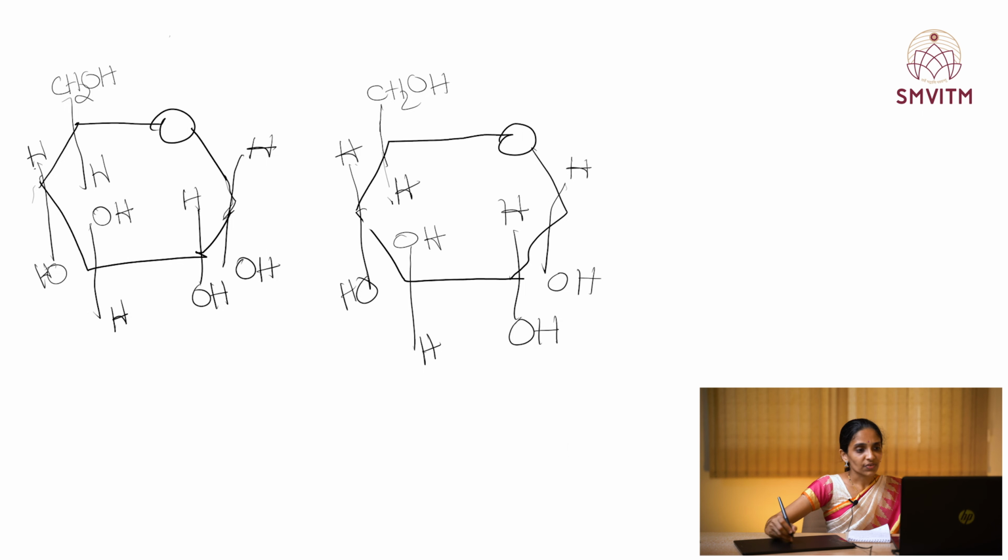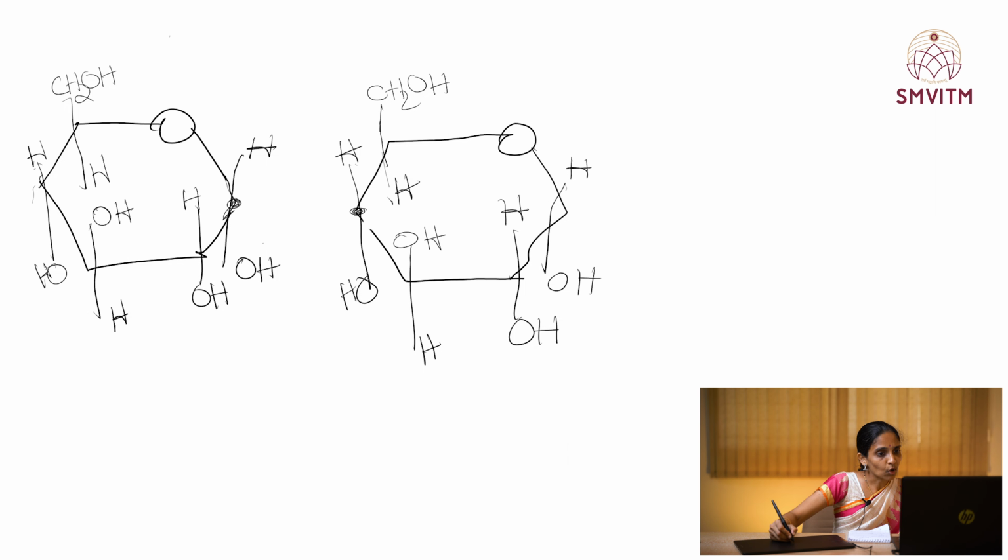Okay. Now, between the two glucose units, there is a C1C4 glycosidic link, right? In order to form a maltose, you have to make this link by removing a water molecule. This is my C1 and this is my C4.